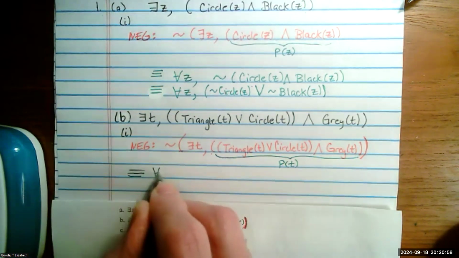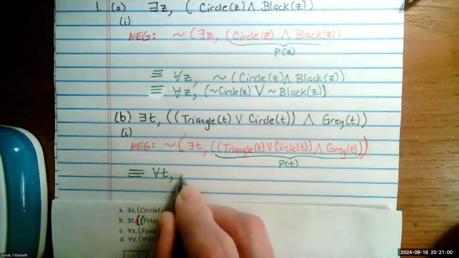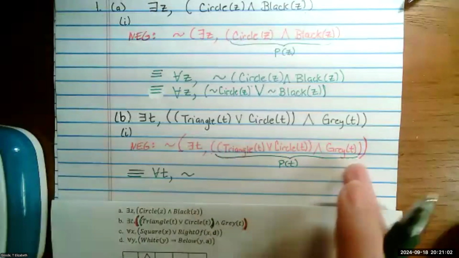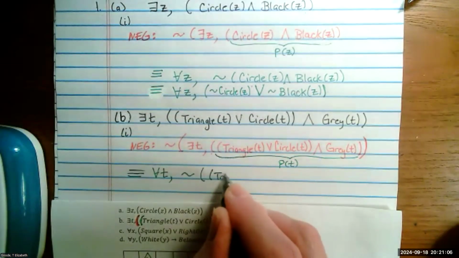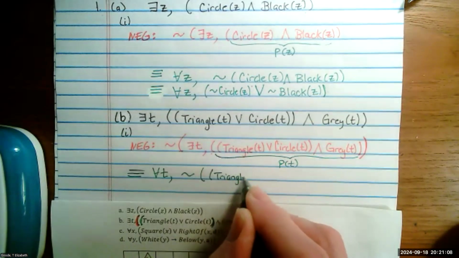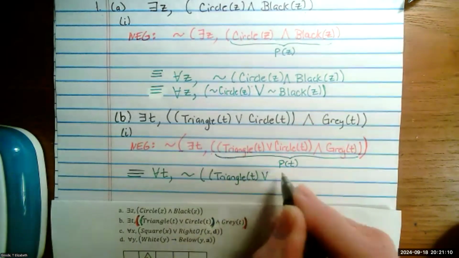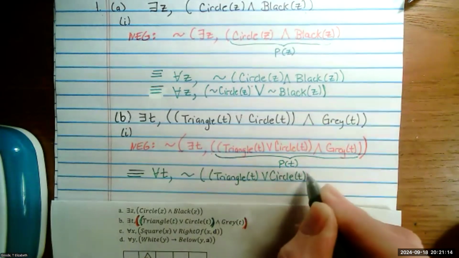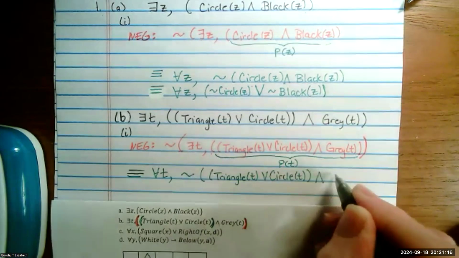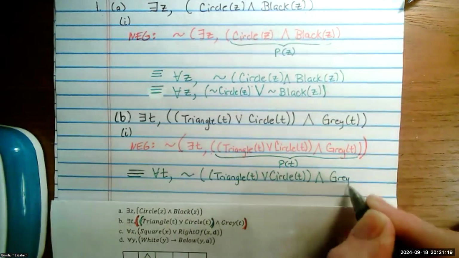So for all T, it's not true that P of T's, it's not true that triangle T or circle T, and gray T. We just do it naively, using the rules that we understand.